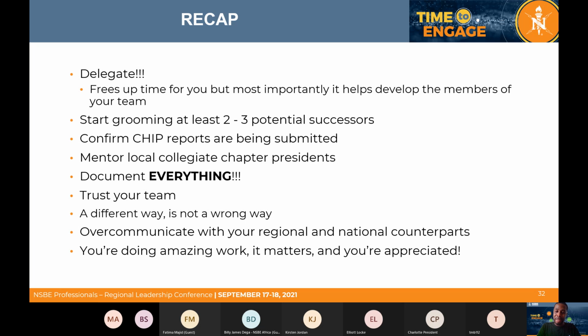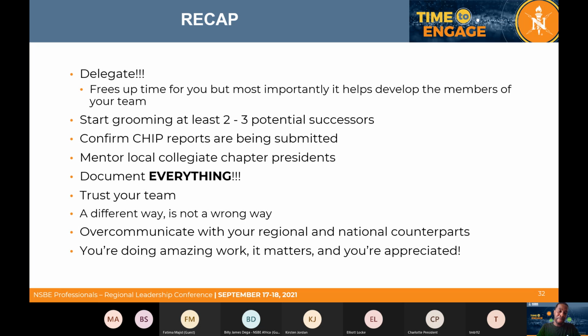If you have any collegiate NSBE chapters in your area, it's good to establish that connection. Document everything, as we mentioned before, because it helps you to stay organized. It helps to resolve conflicts quickly, and it helps with your successors so that they know what you did, so that they're better set up for success.